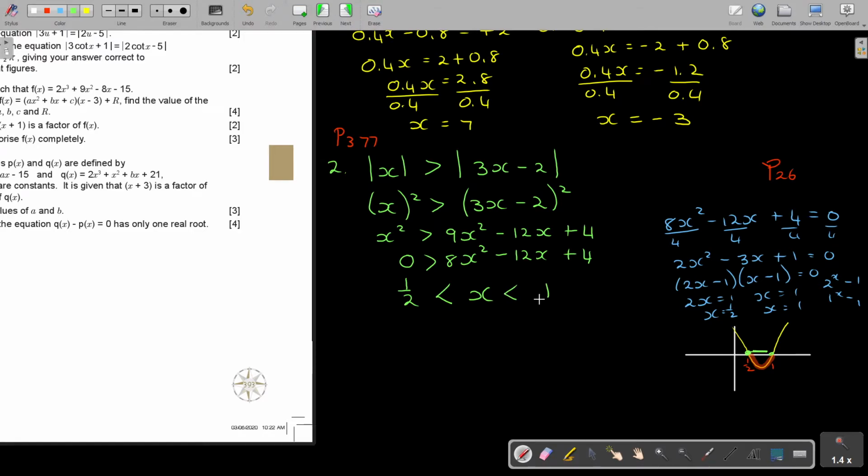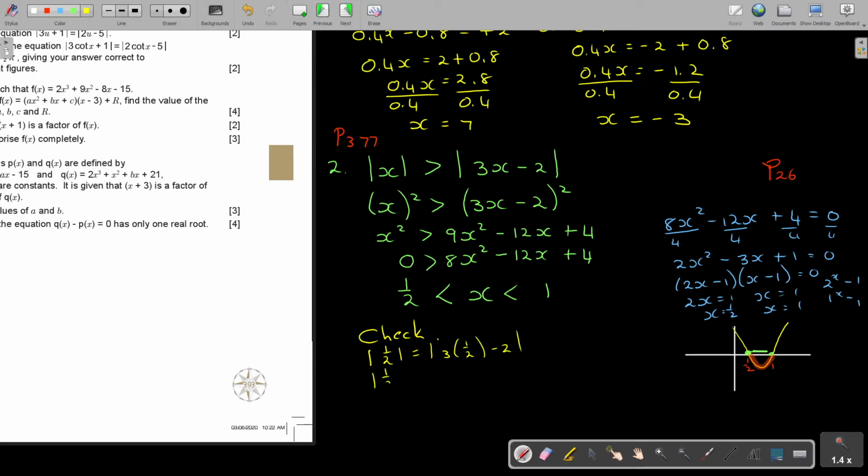Now, how can I test to see both sides work? I will substitute. It's good to do the check first, and then put in the values. So let's put in the half, and see if both sides are working.